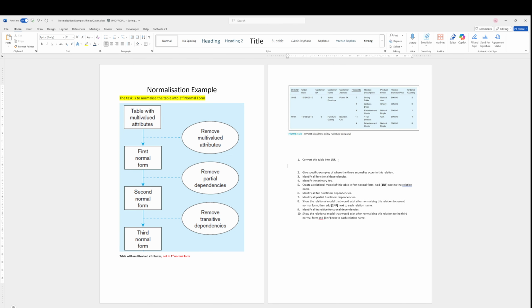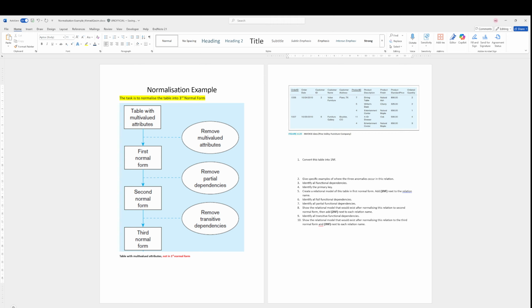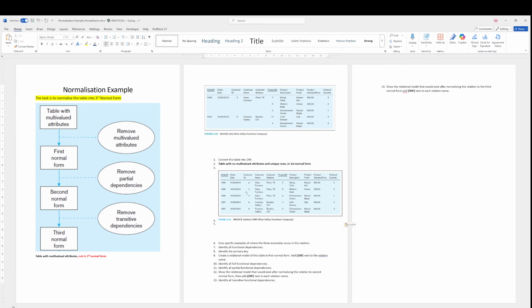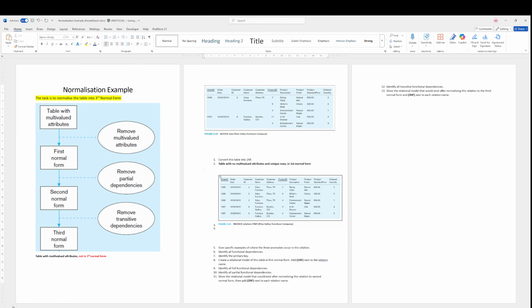Starting from step 1, I already did that. I already converted the table. I'm just going to copy it here for you. So I brought the table that is already converted and ready.